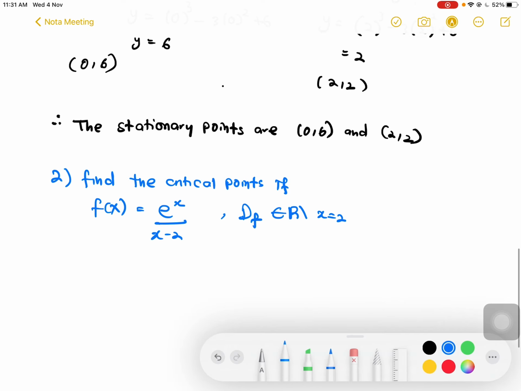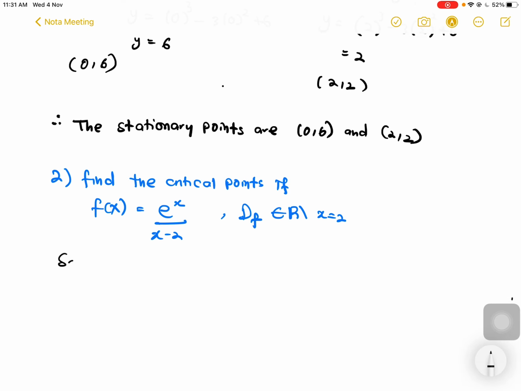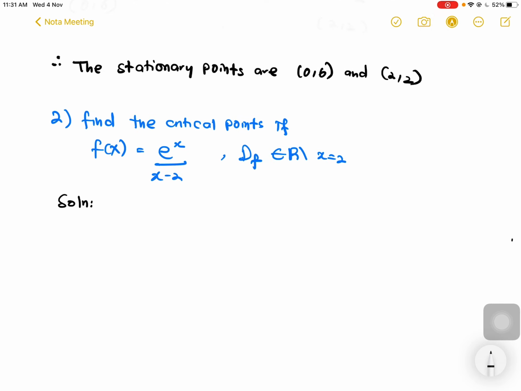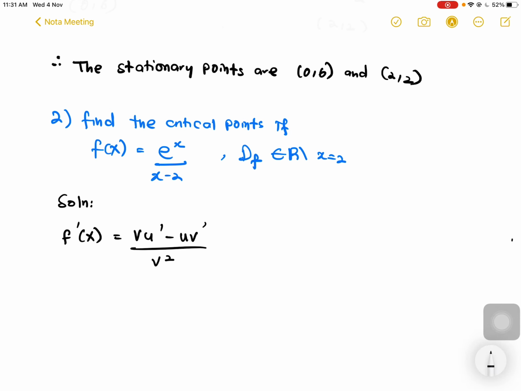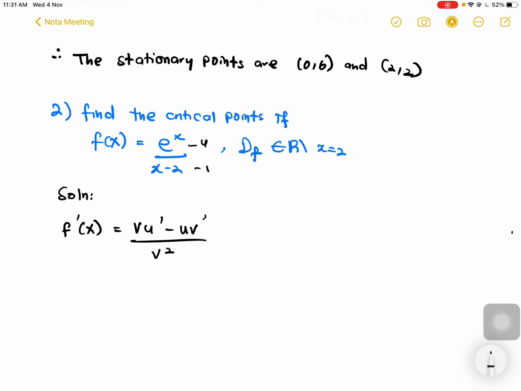So how to solve this question? As usual, when we want to find the critical or stationary point, we set dy/dx equal to 0. So you have to differentiate. This form is a fraction, so you have to use the quotient rule. f prime x is equal to (vu prime minus uv prime) over v square. This is your u, this is your v.